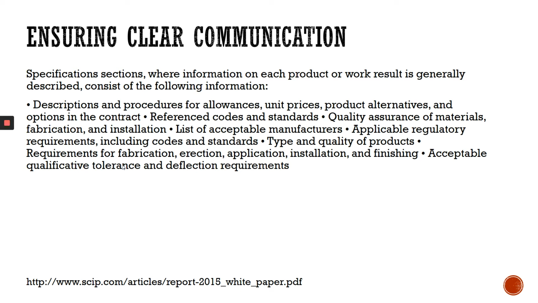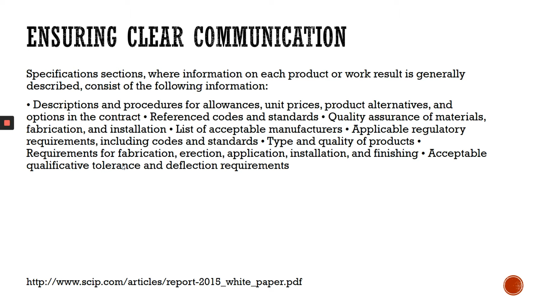Ensuring clear communication. I have this SCIP white paper, a paper that outlines the procedure for writing specifications. You also have the notes that I've given you. Specification sections where information on each product or work result is generally described.